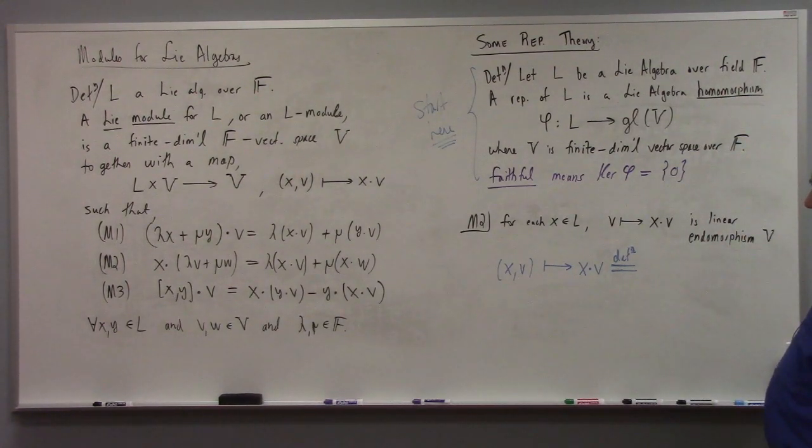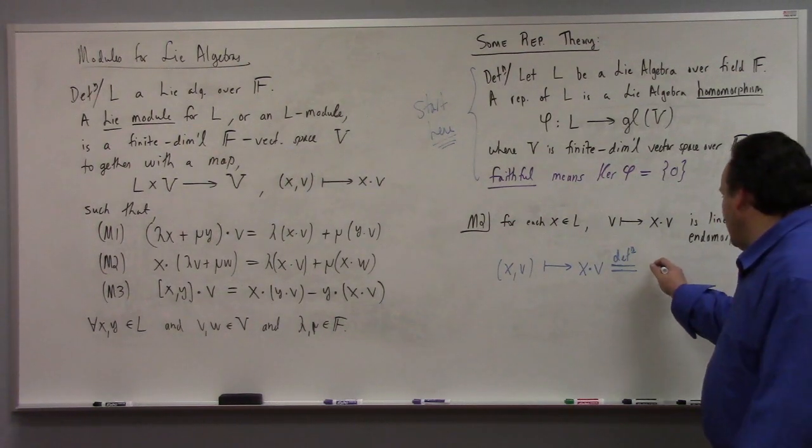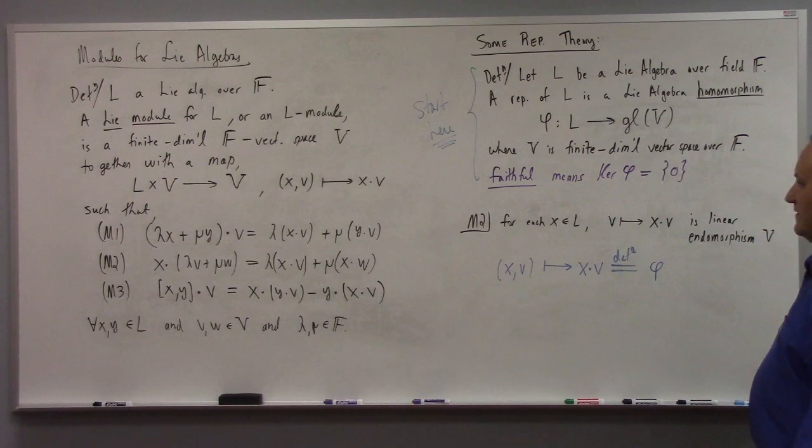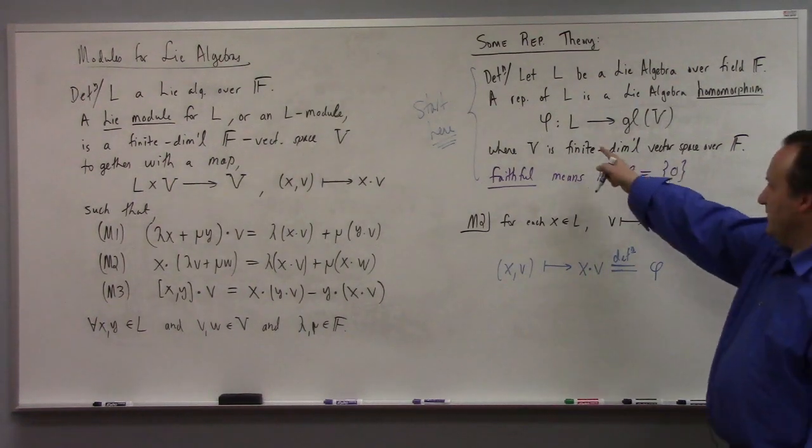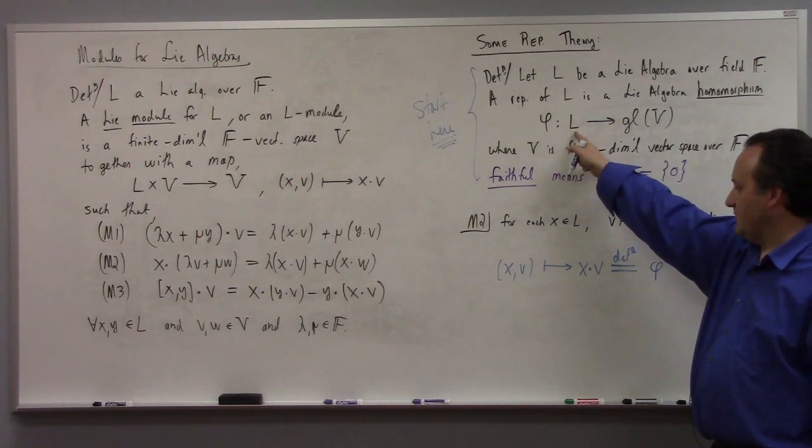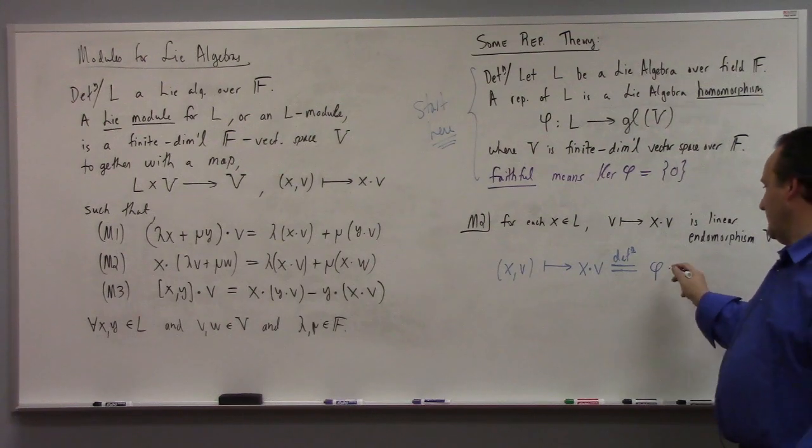A homomorphism is just phi. I need to use phi. What can I feed to phi? I need to put something in from L into phi, right? So what do I have to put here? X. Yes, I have to put x.